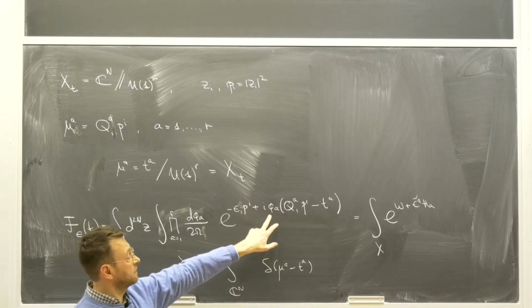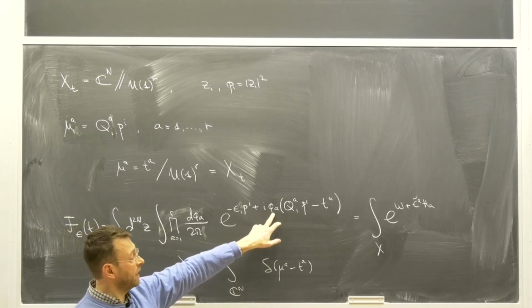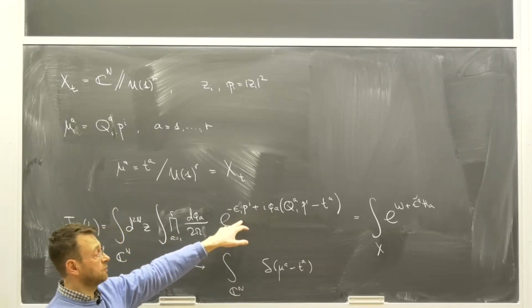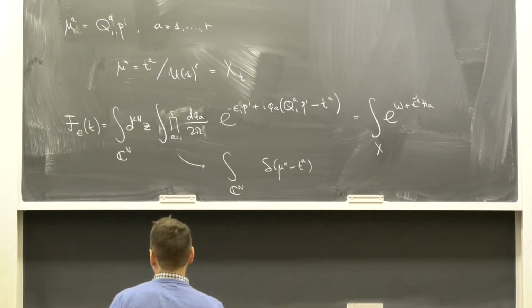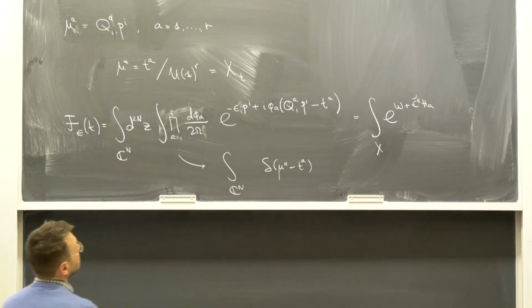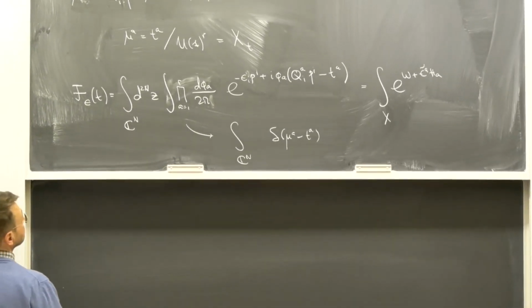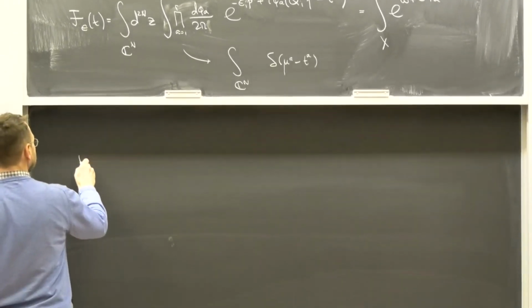So instead of integrating over phi, I can integrate over p instead. If I integrate over p instead, then my integral will look like the following.